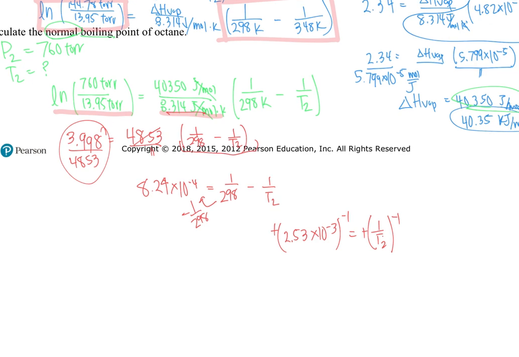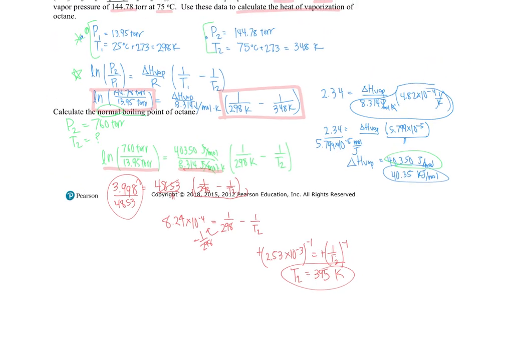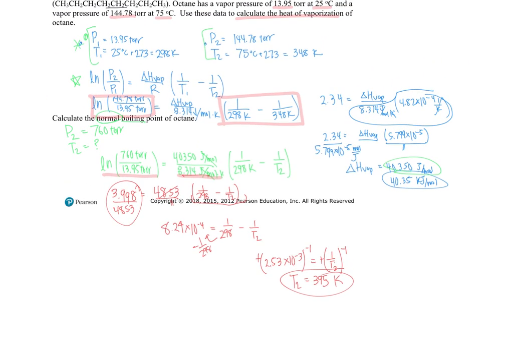And I'm going to get that my second temperature is 395 Kelvin. All right, so again, a lot more math. We needed way more room. Sorry about that. But that makes sense that at 348, we hadn't got to boiling yet. Our vapor pressure wasn't 760, but once we got to 395, that's when it does hit our normal boiling point and our octane will boil.